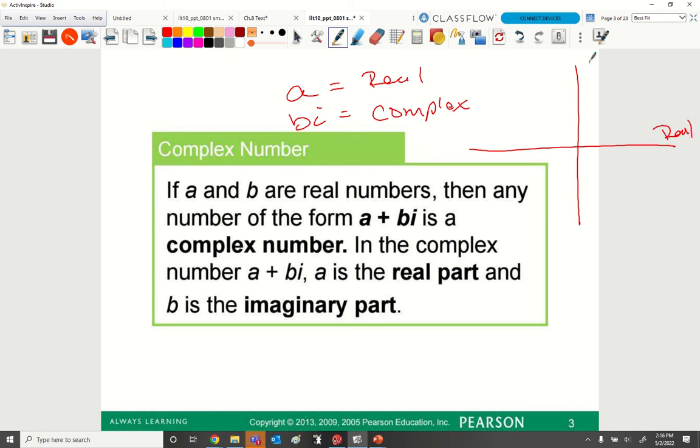This is my imaginary direction. So this is actually going to be just like your x and y coordinates. You go first in the real direction, and then left and right to your imaginary direction. We're going to get more into that later though. But we just have to write our numbers in this fashion.